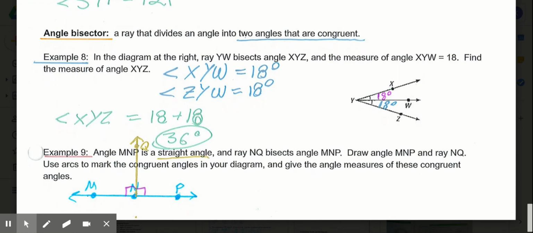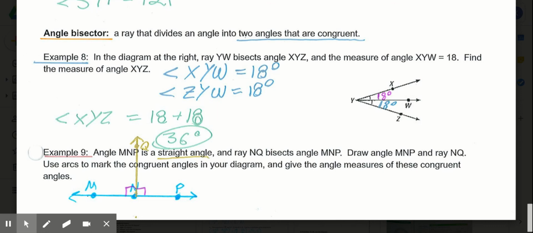And then lastly, we already explored what a segment bisector was. Now we have an angle bisector. An angle bisector is simply the ray that divides an angle into two angles that are congruent.